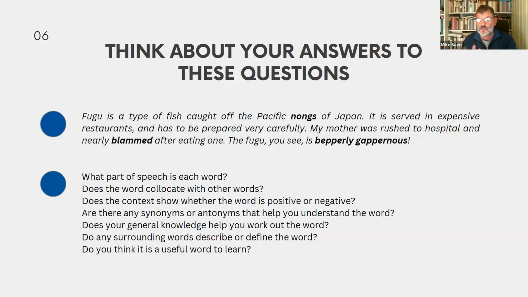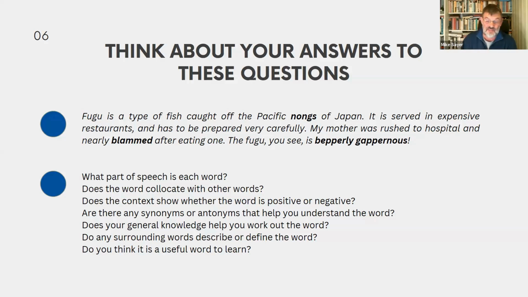Do any surrounding words describe or define the word? And the answer is yes, there's quite a lot of description there. There's no definition, but there's description. These "nongs" are in the Pacific. They are off Japan. It's somewhere that you catch fish. So you can work out quite a lot of that.